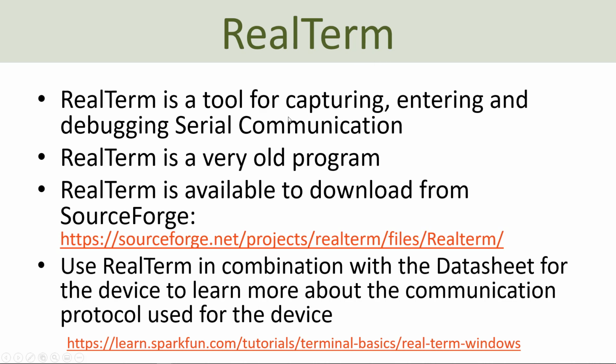So RealTerm is a tool for capturing, entering and debugging the serial communication between this RFID device and your computer. You can download this RealTerm from this web page. And of course you need to use this software in combination with the datasheet in order to learn more about the communication protocol that is used for this device.